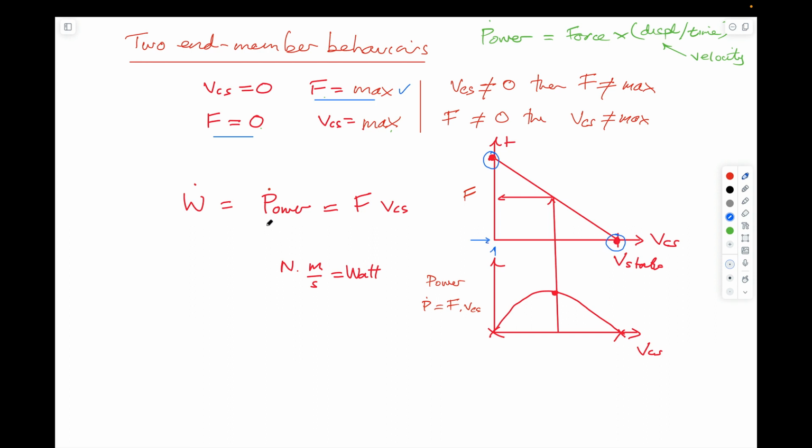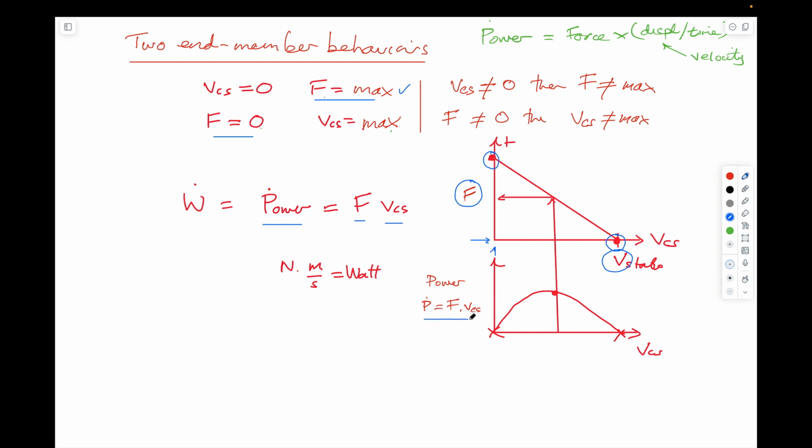If we define work as equal to power, which is just the rate of doing work, which is a force multiplied by a velocity, then this force and this velocity of the vane are the two components that go into that. At this particular ordinate here, this force is a maximum, but the velocity is 0.